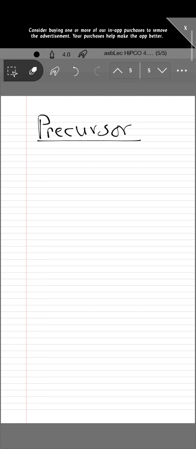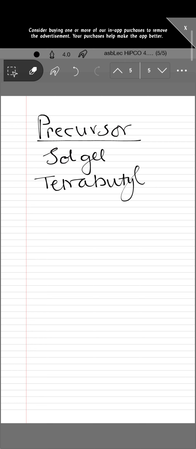For example, if you are producing titania through sol gel, you can use a precursor titanate.